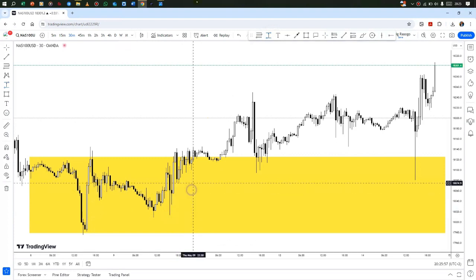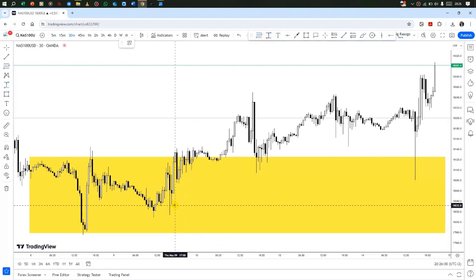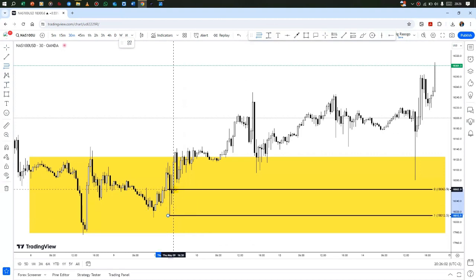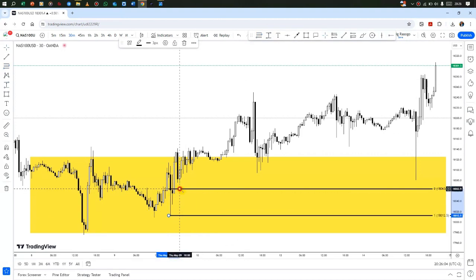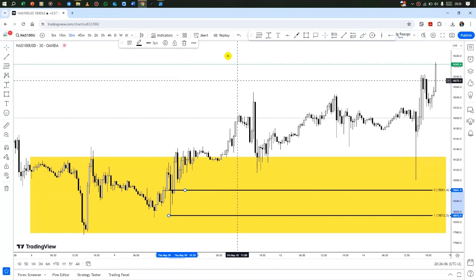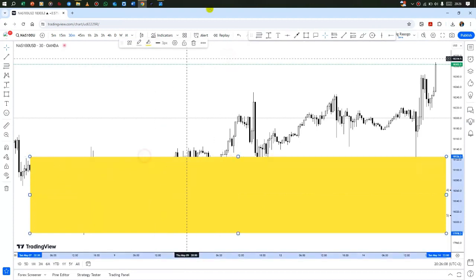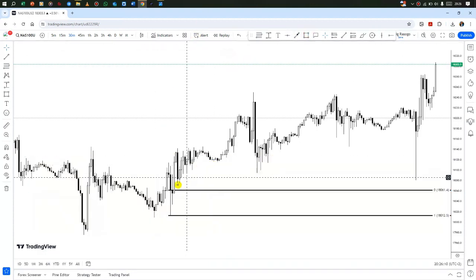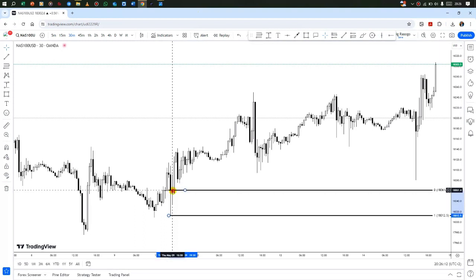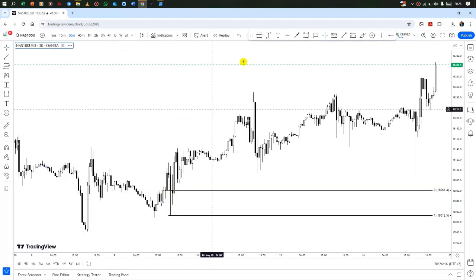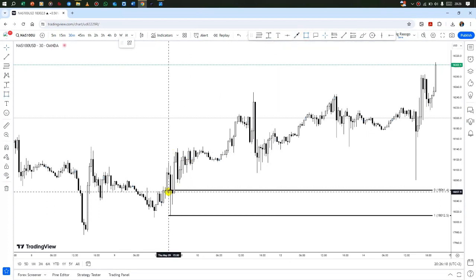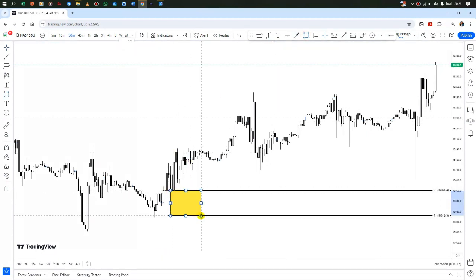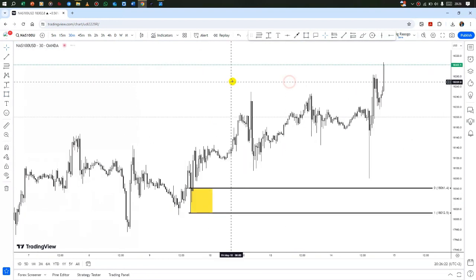So this is the demand zone that we have here, but I don't think it's high probable, but we'll see. I don't think the price will come back to this area here. So that's our demand zone on NASDAQ.